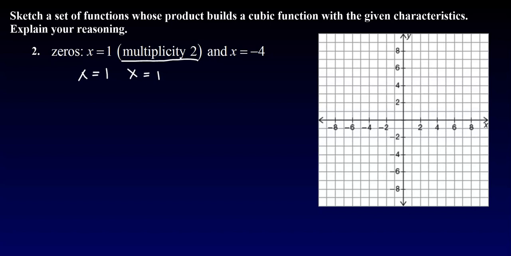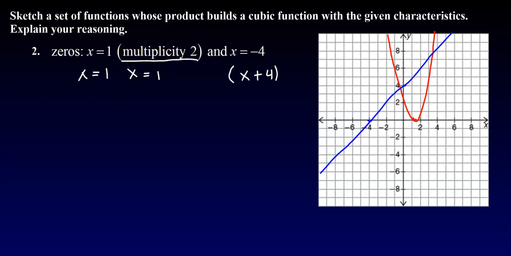All right, so let's go in and see how this works out. This is just one example of how this could work. I have it crosses at x equals -4, so that's one of the x-intercepts.